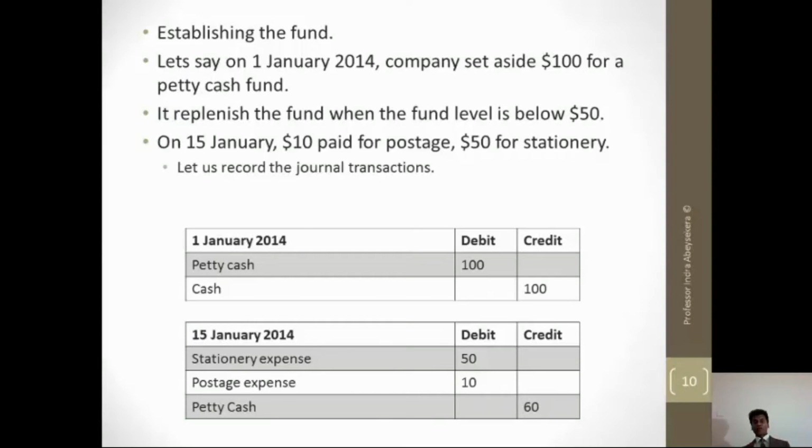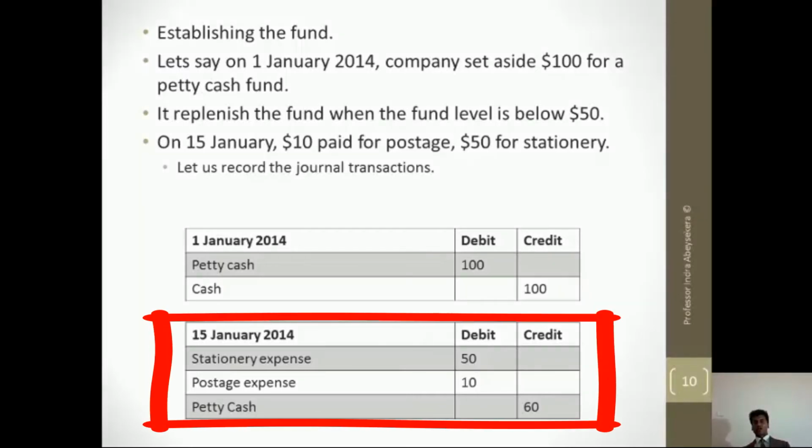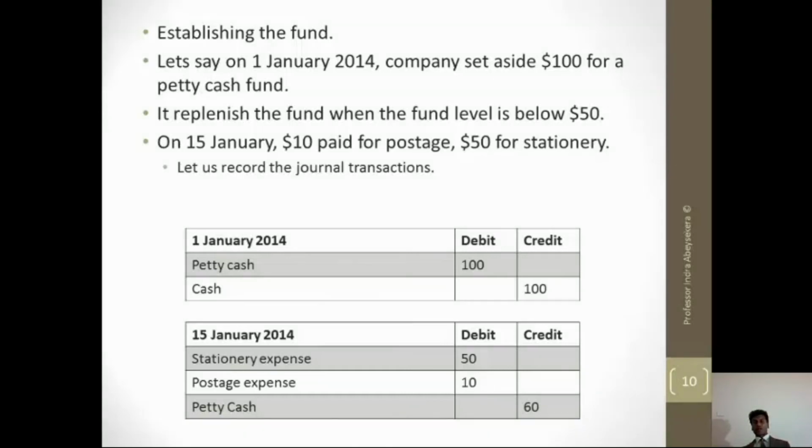And then when there are various expenses that were made, let's say $60, you decrease the petty cash by crediting petty cash. It's like the mini cash, and then you increase the expenses, stationery expense and postage expense.